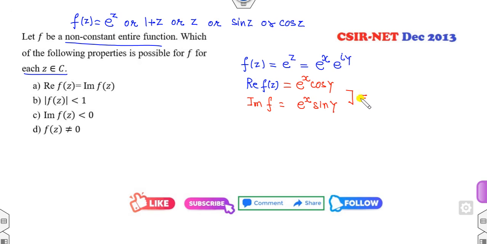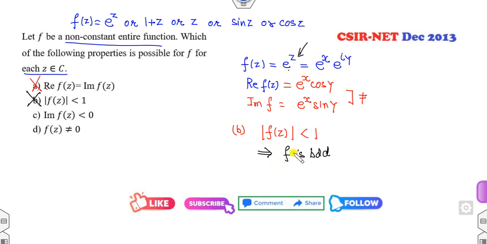Clearly they are not bounded. Option B: f of z is less than 1. What does it mean? That means f is bounded, so your target is to prove that the function is bounded. Clearly, by this case, this option is discarded.